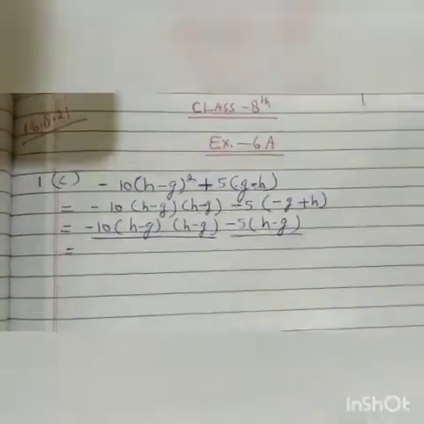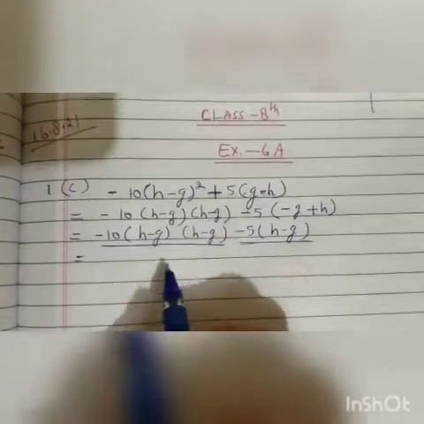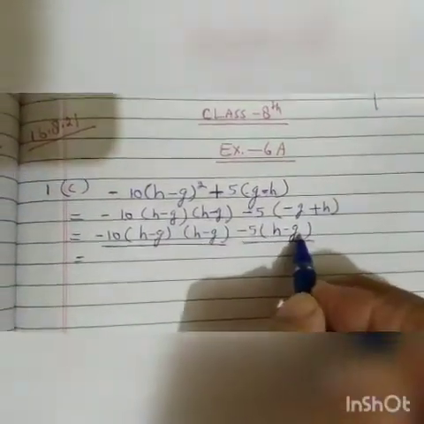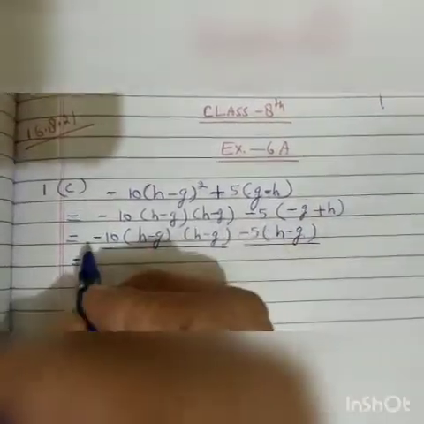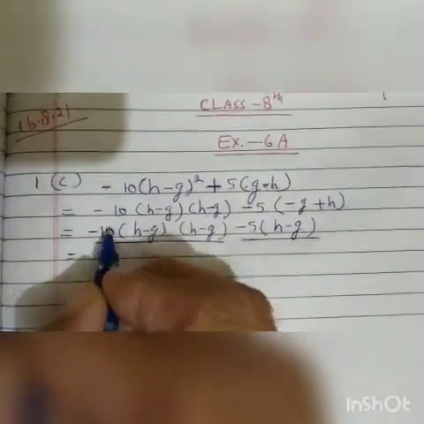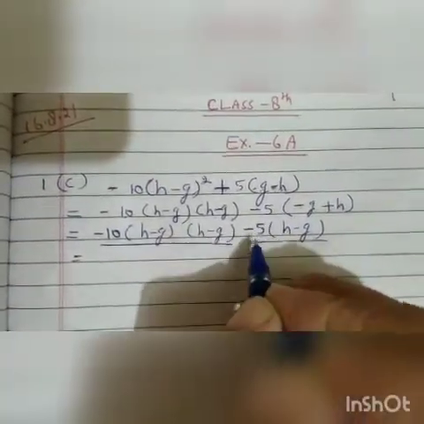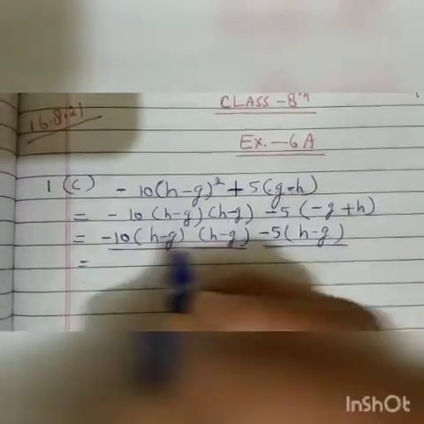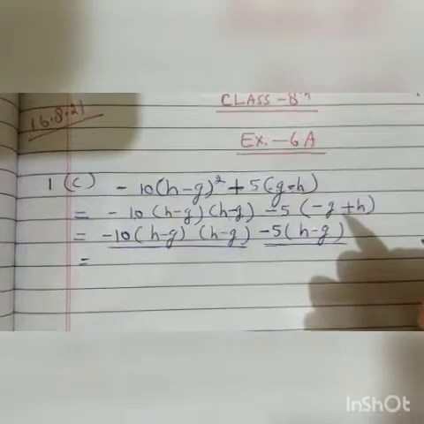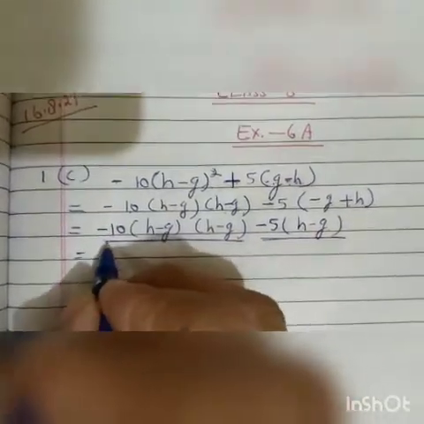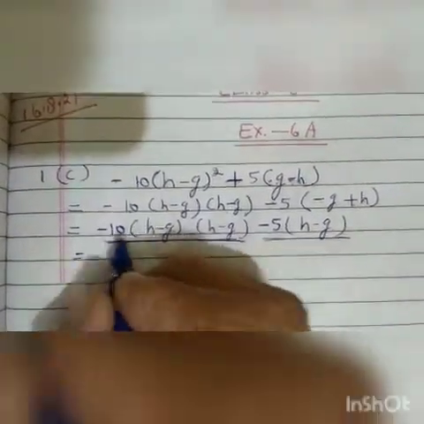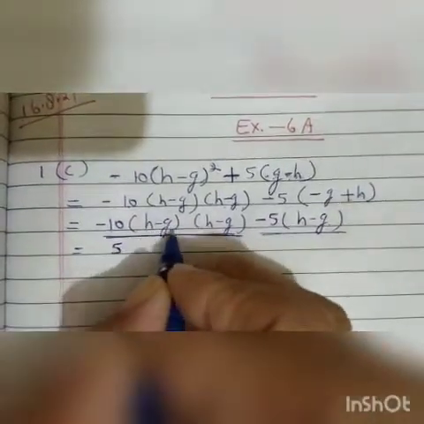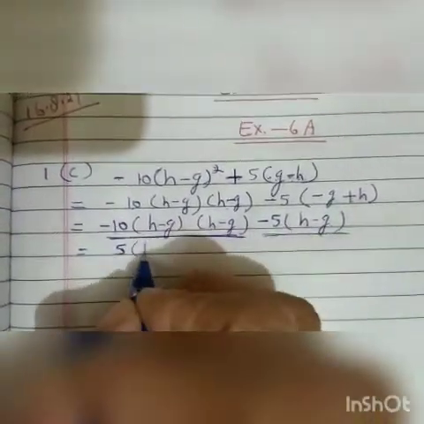If we compare these two terms, then we notice that this h minus g is the same. We can take it common, and from this minus 10 and minus 5, we can take 5 as common, because 10 is also divisible by 5 and 5 is divisible by 5 simply. So we will take 5 common and this h minus g common.